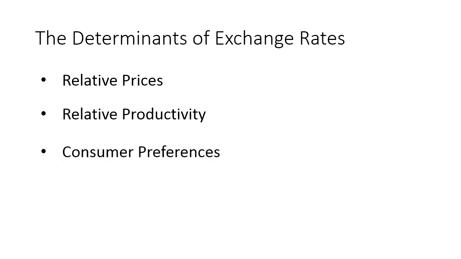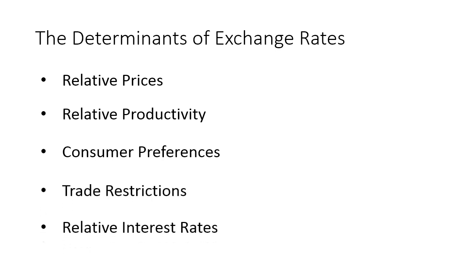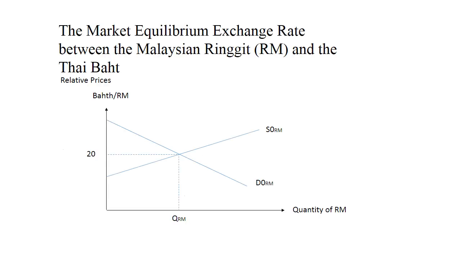Third is consumer preference. Consumer preferences also can determine our exchange rate. Then trade restrictions, and the last one is relative interest rates. All of these factors can determine the exchange rate.